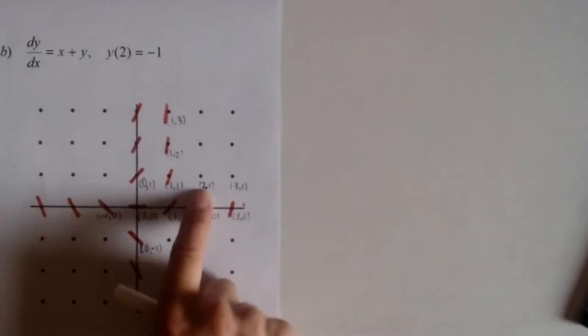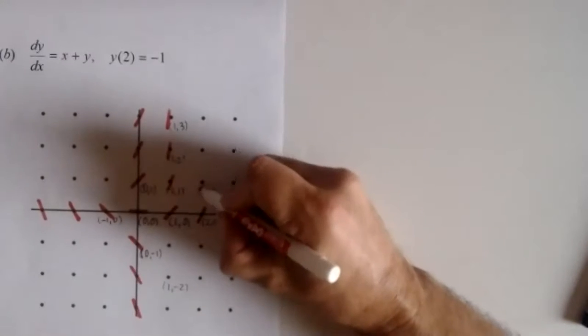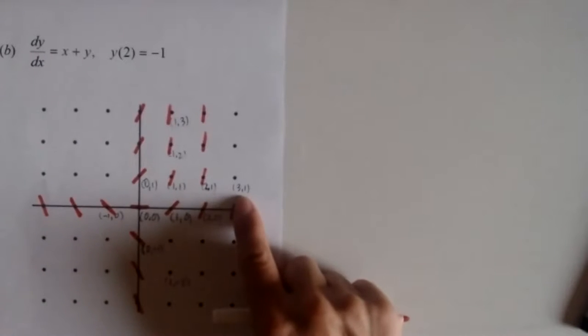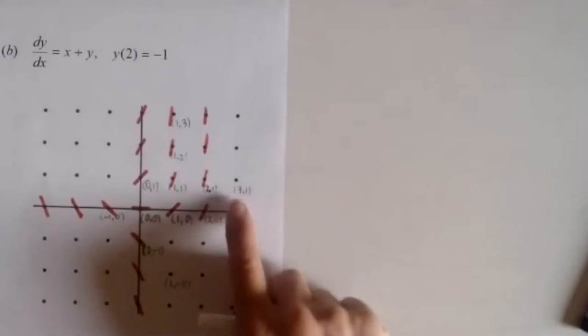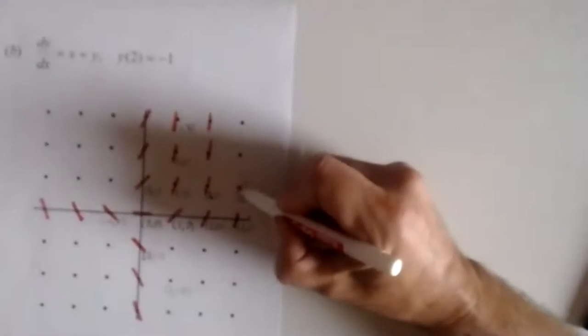So here is 2 plus 1, 2 plus 2, 2 plus 3. So this is 3, 4, 5. So you go with the steeper slopes, correct? Here is 3 plus 0. This is 3, 1, 3, 2, 3, 3. 3 plus 1, 3 plus 2, 3 plus 3. So this is 4, 5, 6, correct?